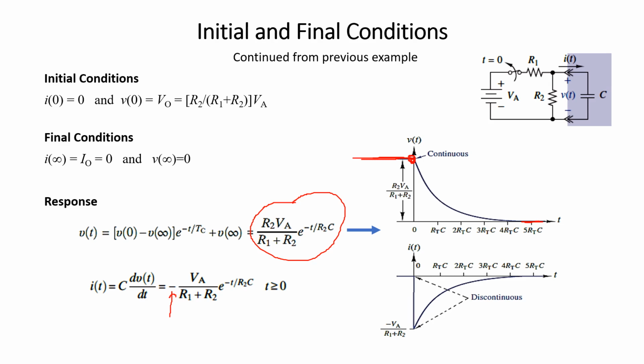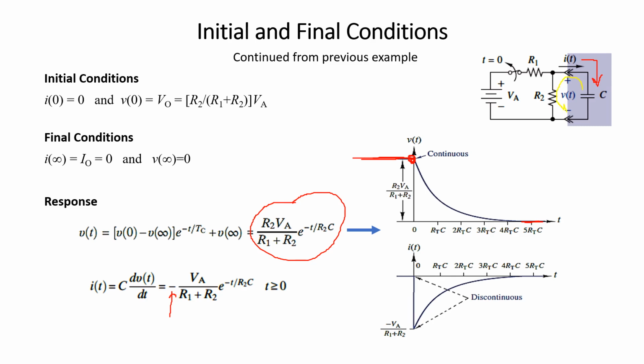When the capacitor is charging due to the voltage, when the switch was closed, the current flows in this direction. When the capacitor is discharging, when we open the circuit, this is the direction of the current.